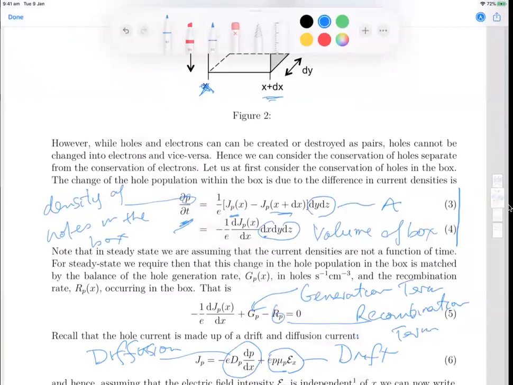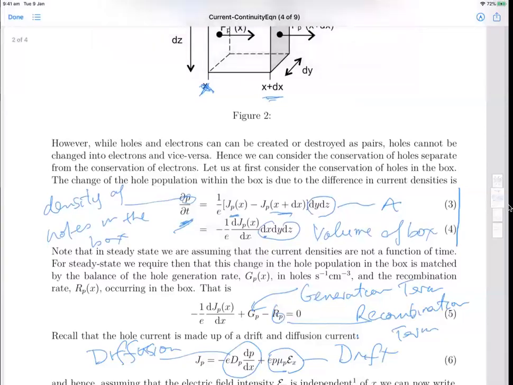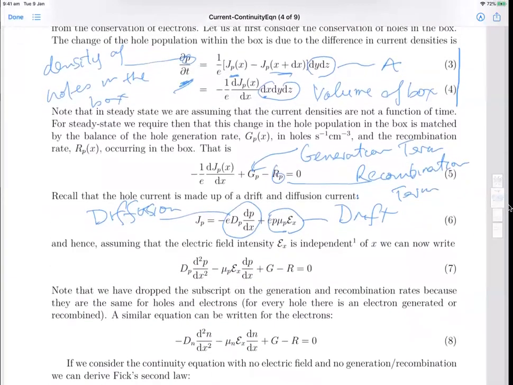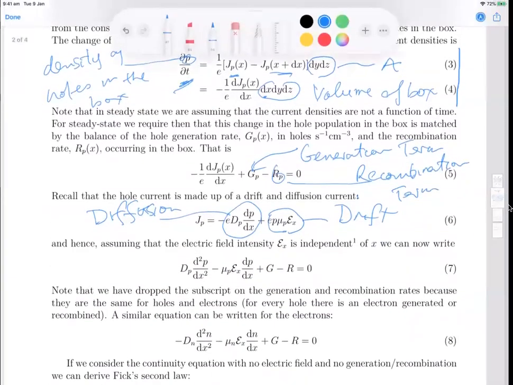So the total current is made up of both diffusion and drift, so we can substitute that back into our continuity equation, and we get a second order equation which relates the population of the holes to the generation and recombination. So this is our equation that will tell us how things change inside our semiconductor for the holes, taking into account flow of holes and generation and recombination.